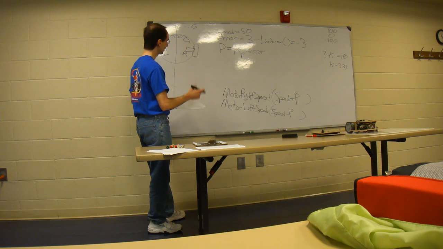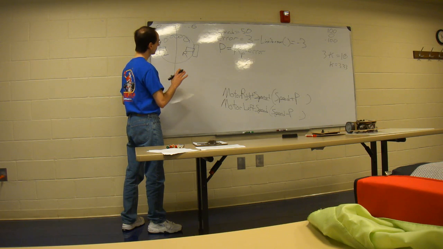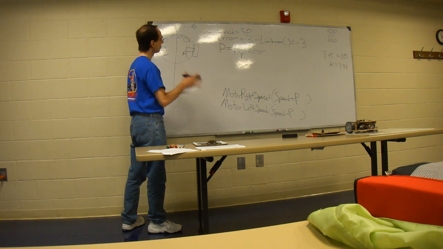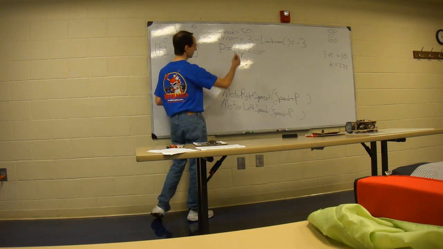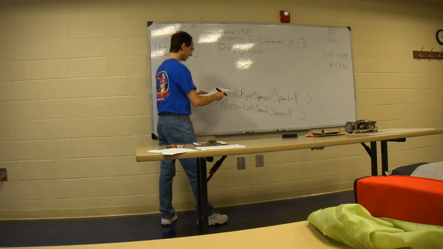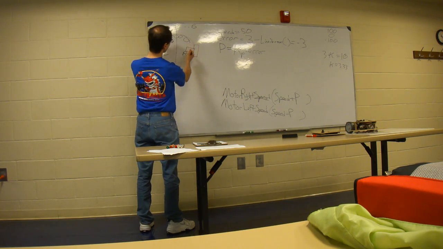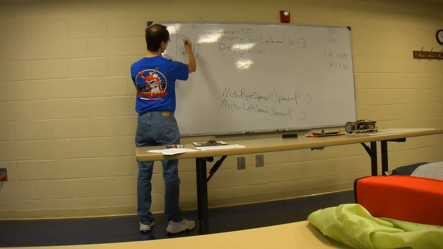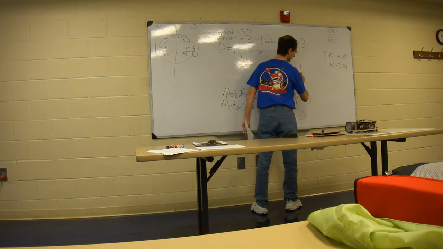Okay, now there's more information we can get from the data. If we graph the data, if I were to take the robot and just move it back and forth and we were to plot that data, we would get a plot similar to this.